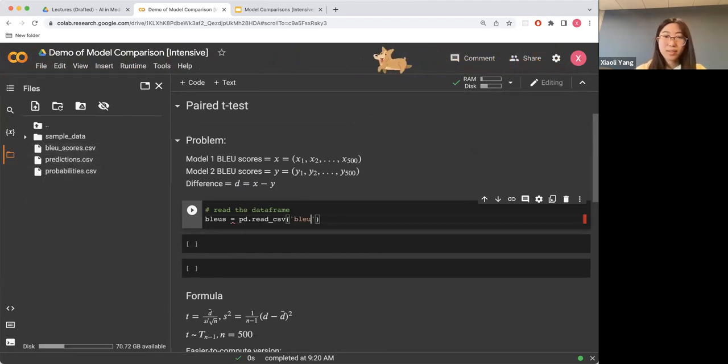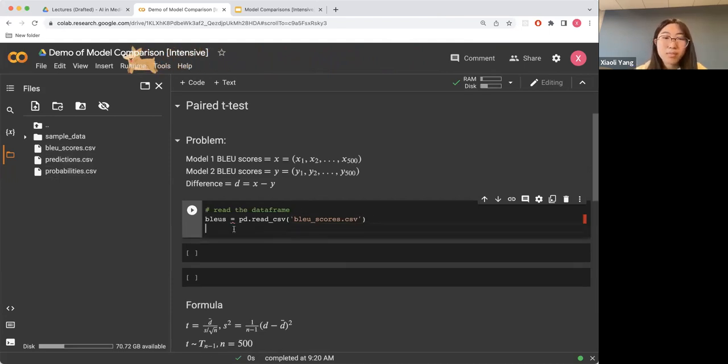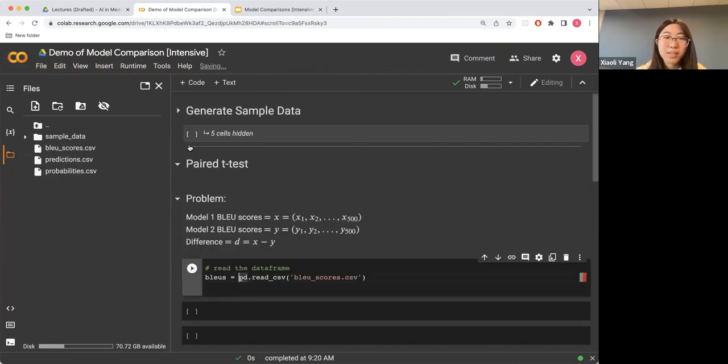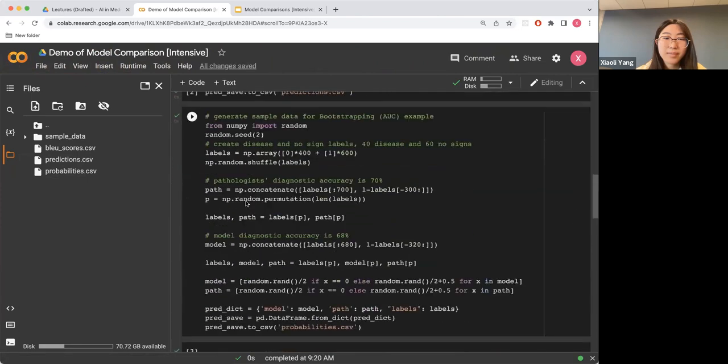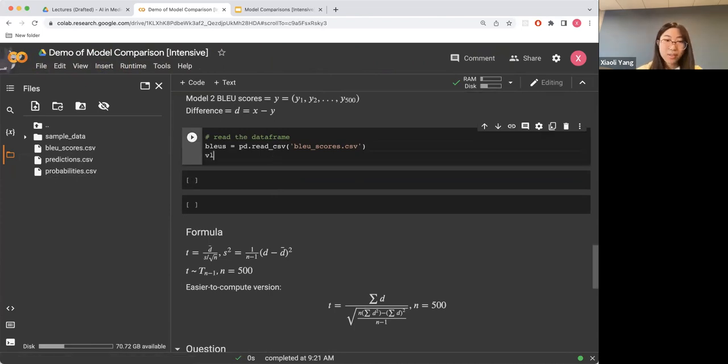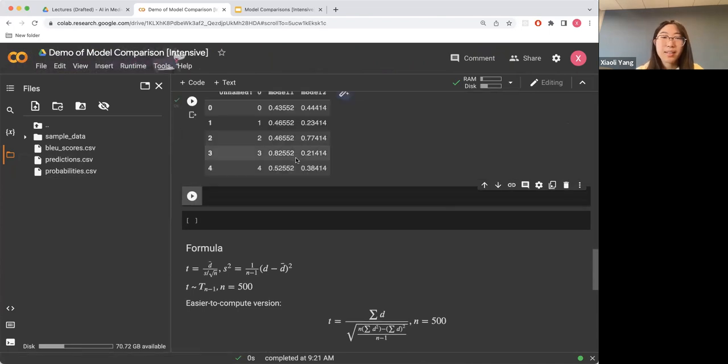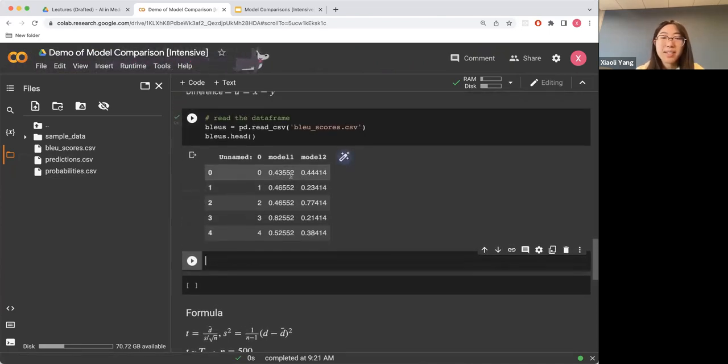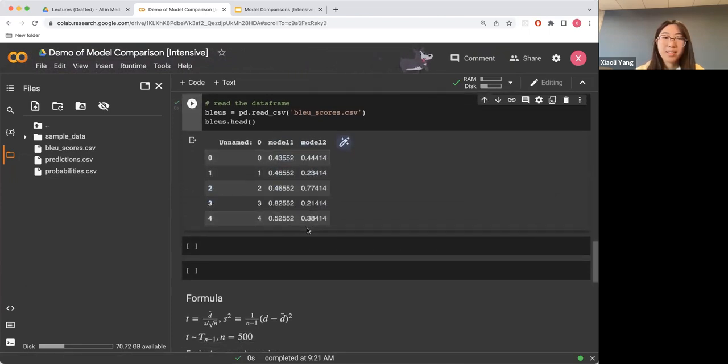We'll read in that. Oh, wait, there's no pd. Here I imported it. Cool, solved. And then we print its header to see what it looks like.